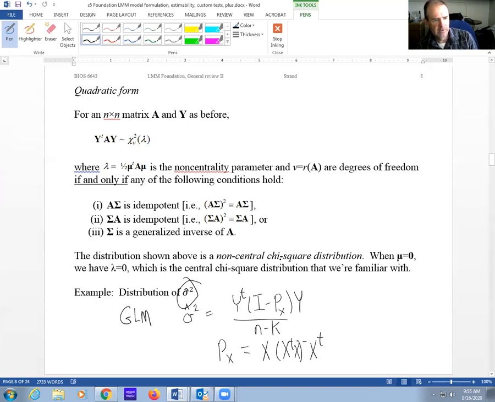In this case, A is equal to I minus P of X. It follows that form, so we know it's got a chi-square distribution. And we can apply that if we're going to do tests about the variance. Okay, but that's for a GLM.